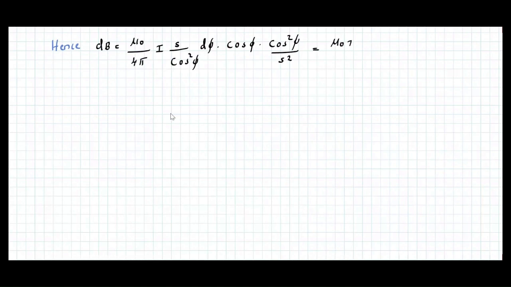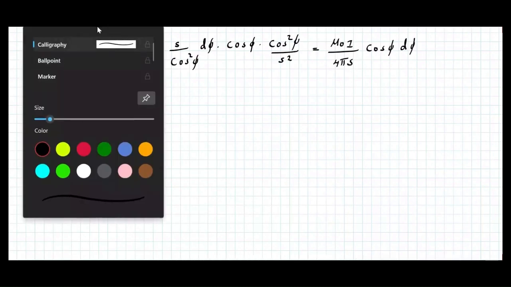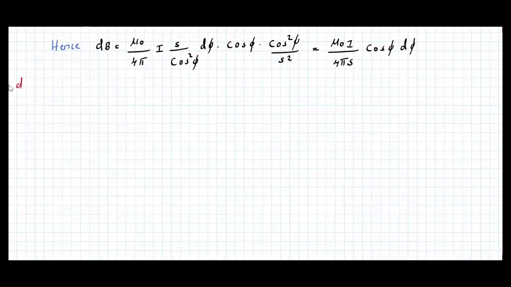Instead of sin theta, you have cos phi. And instead of 1 by r square, you have cos square phi by s square. Hence, dB becomes mu 0 I by 4 pi s cos phi d phi.